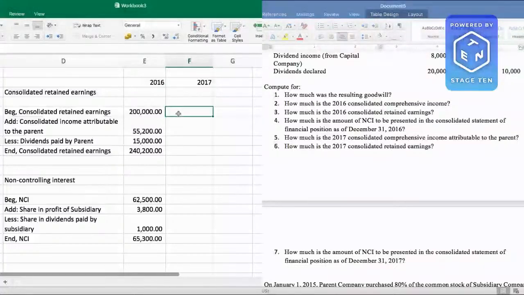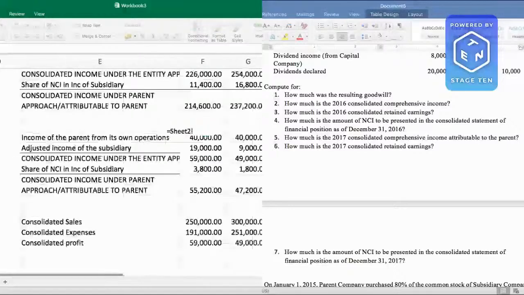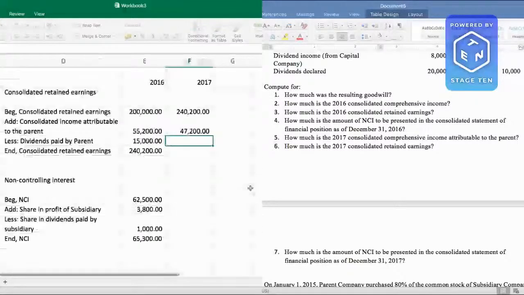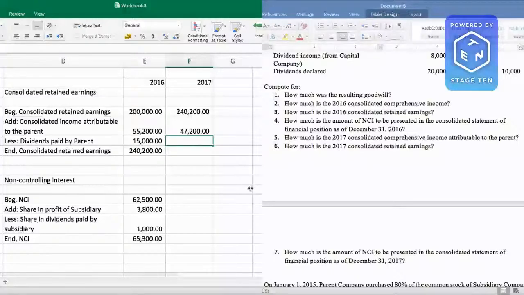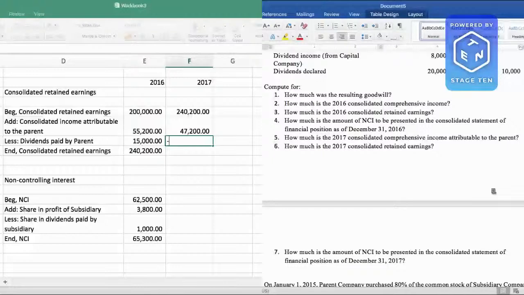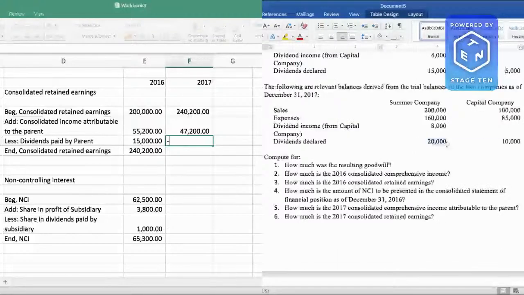And this would be simpler, class, because we have already solved for the ending in 2016. The ending in 2016, class, would most definitely be the beginning in 2017. So no problem here. Next, just add the income attributable to the parent. How much was the income attributable to the parent, class, as what we've solved earlier? 47,200. Then deduct dividends paid by the parent. Go back to the problem. How much dividend is paid by the parent in 2017? In 2017, class, it paid dividends in the amount of 20,000.